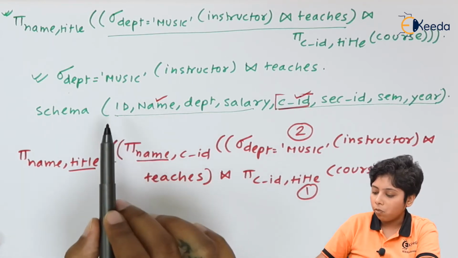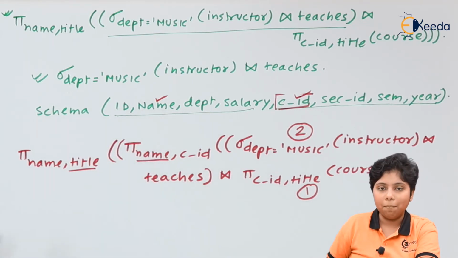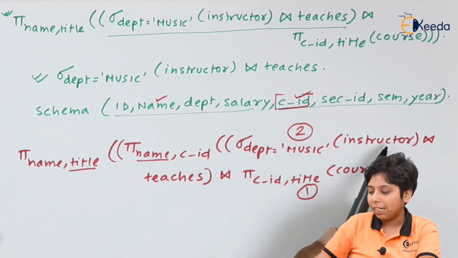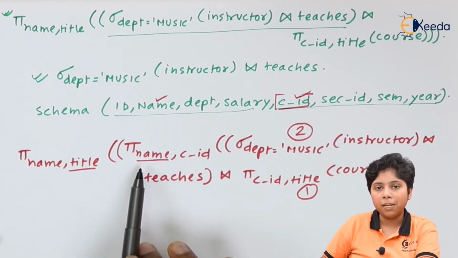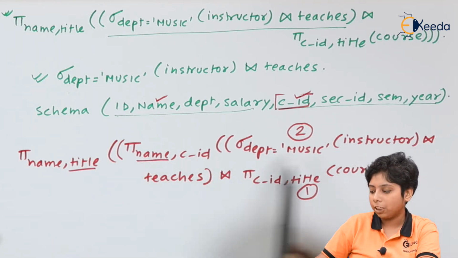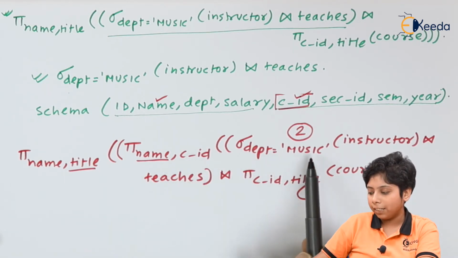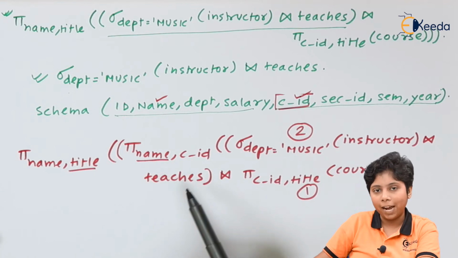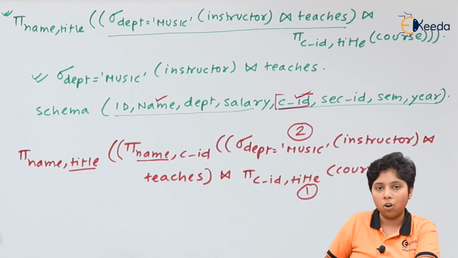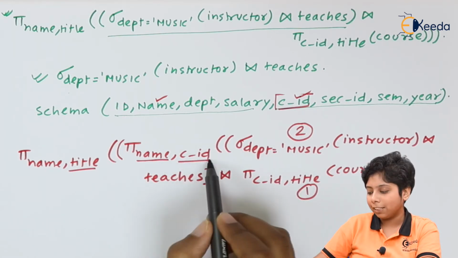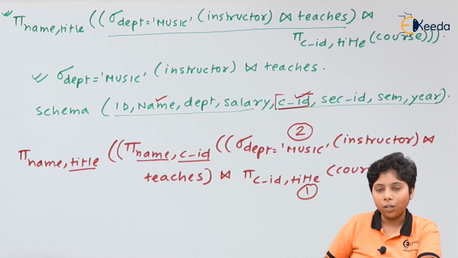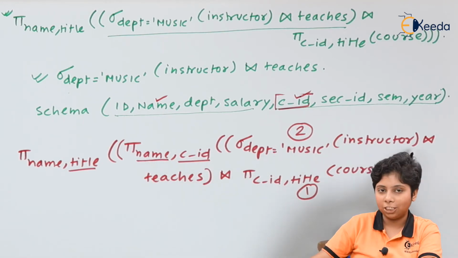So why are we not referring to ID but the name? Because the department instructor is already involved in this selection on the joining, but the CID on that instructor teaches joining can be referred to the title of the course. That is why we have selected CID and name only for the projection.